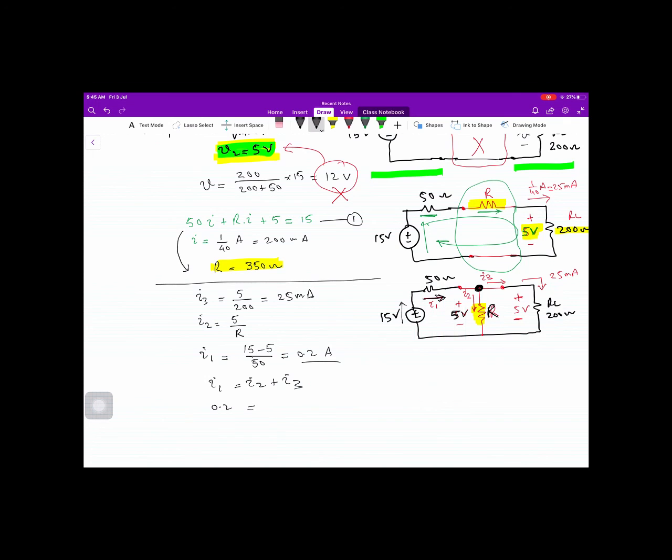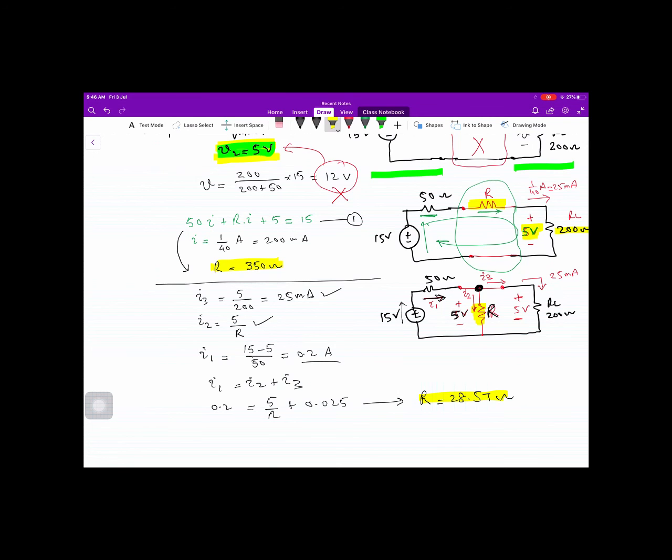I2 is 5 divided by R. And I3 is 25 milliampere, 0.025, which gives a value of resistance R of the interface, and this is 28.57 ohm. So this value of resistance in the interface will meet the required condition.